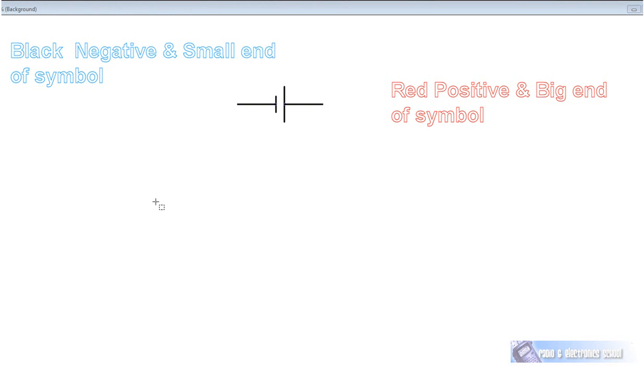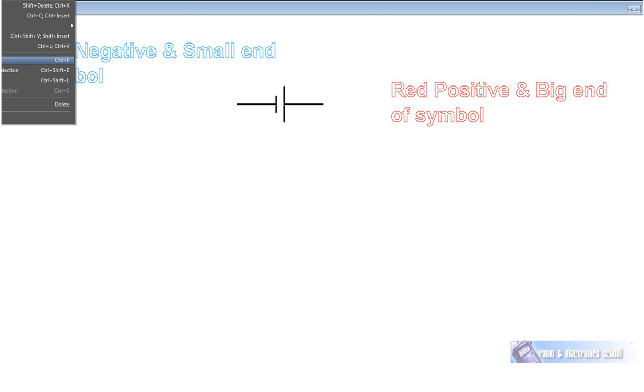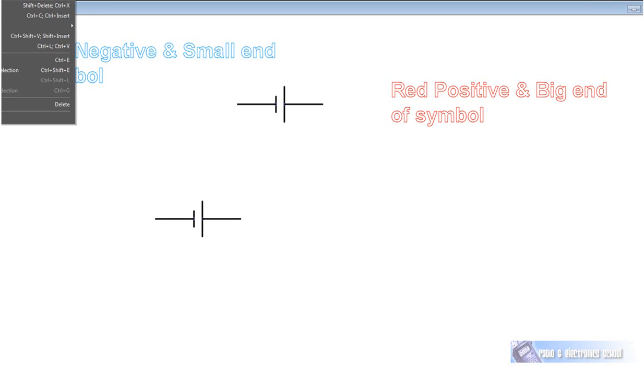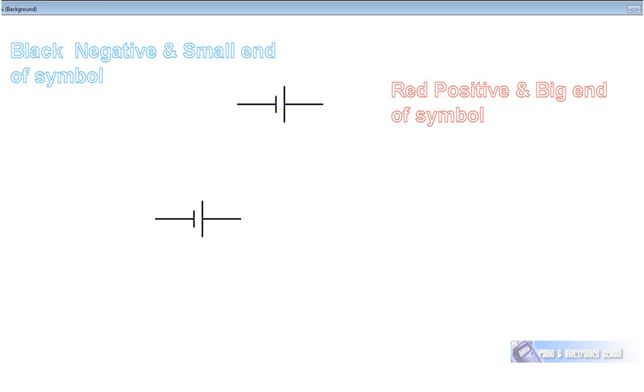Electric cells can be connected in series to increase their voltage. Let's just get a cell. Okay, there's one cell. Now that could be a 2-volt cell. If that was a 2-volt cell and I connected in series with it another 2-volt cell, let's get another cell.